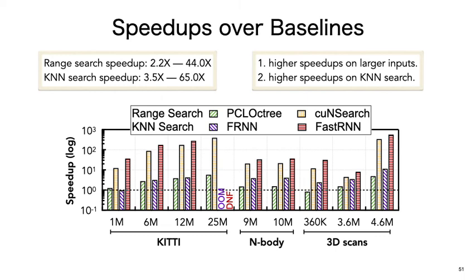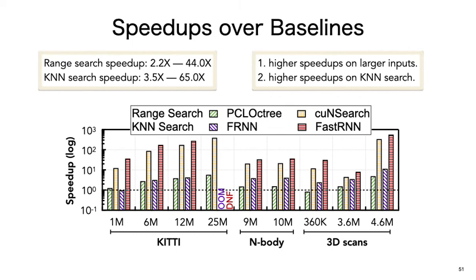And there are 2 high-level trends. One is that the speedup is naturally higher on larger inputs. So for instance, if you look at KITTI going from 1 million points to 25 million points, the speedup increases accordingly. And the second trend is that the speedup is generally higher on KNN search over range search.